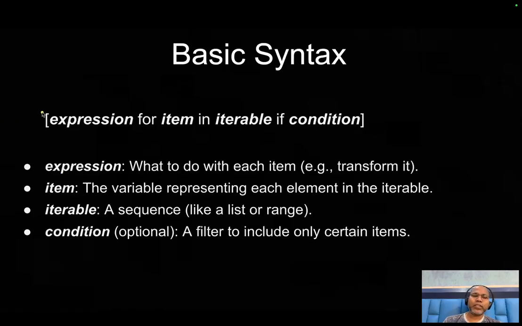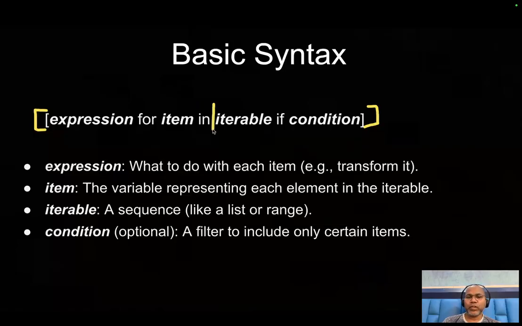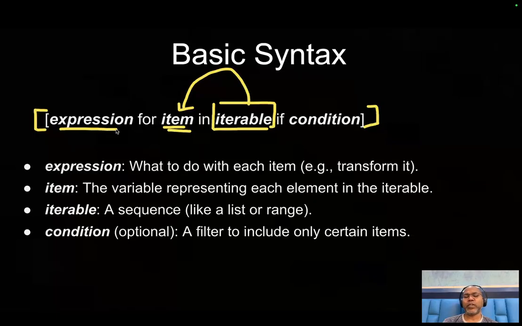So what is the syntax? The syntax is how you create this list. First you need a for loop over your iterable, and from this iterable you get an item, and for this item you apply your expression, whatever you want, maybe converting it to uppercase. From this iterable you can also apply some condition. If this condition is true, then those elements go here, and on each element you apply some transformation or filtering, and you make a collection.